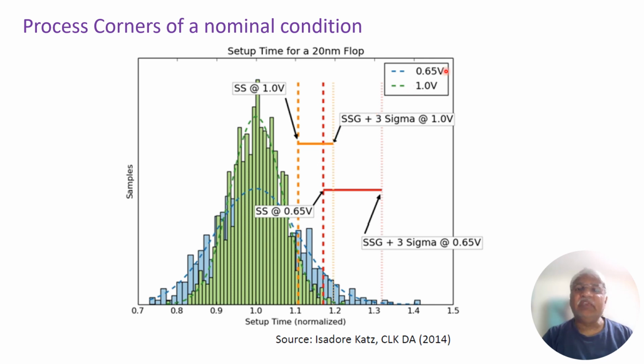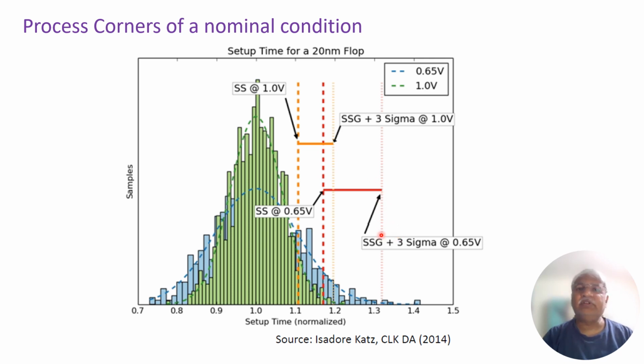So based on the voltage, and similarly if you apply the temperature also, these distributions change. Assume you are using the same process monitor, ring oscillator, same inverter and all, their distributions change because the sampled delay values will be different. So you can figure out that the SSG value at 3 sigma at 1.0 and the SSG value at 3 sigma at 0.65 are different too.